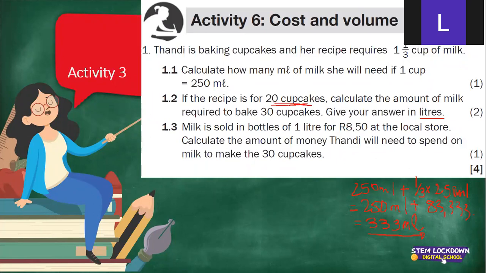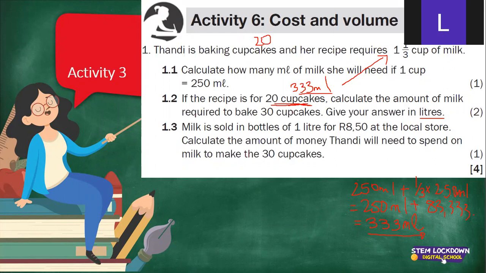Remember, for 20 cupcakes, I need 333 mils. Where does this come from? Obviously, this is equal to 1 cup and a third, because this recipe gives us 20 cupcakes.